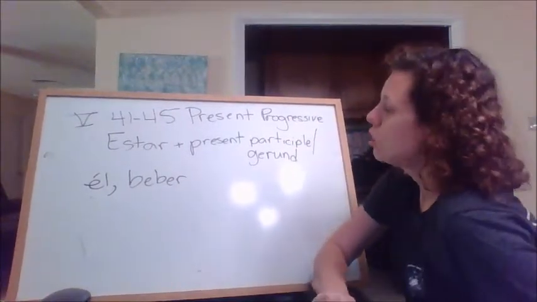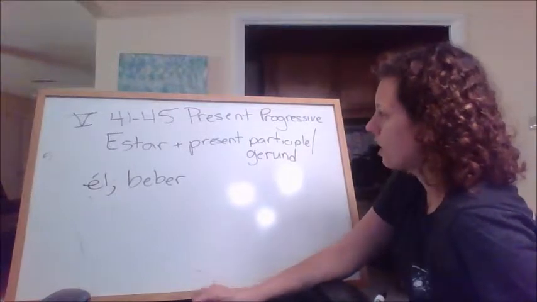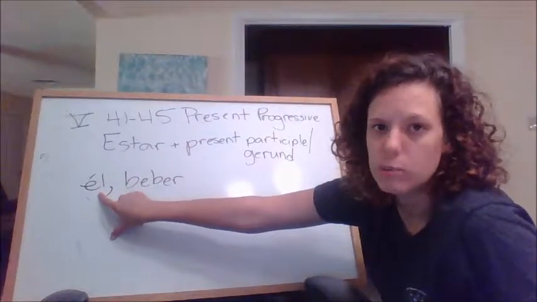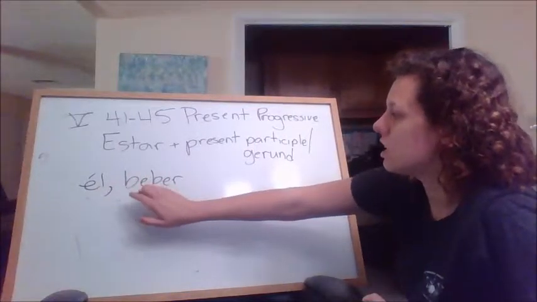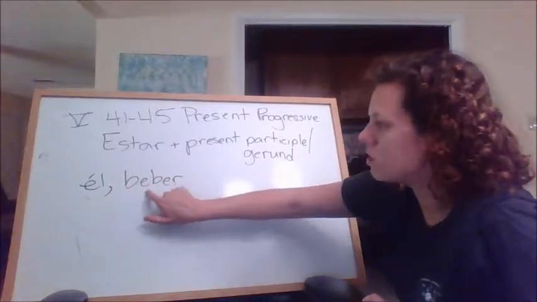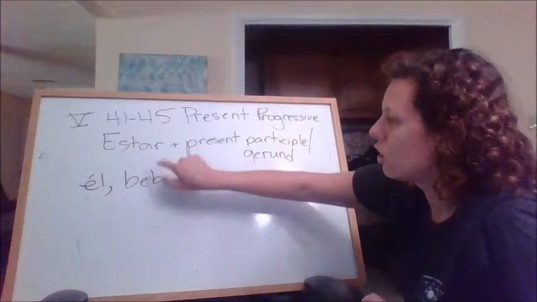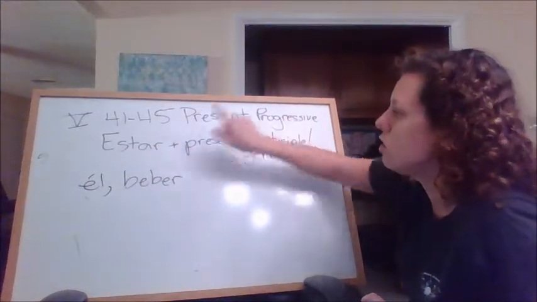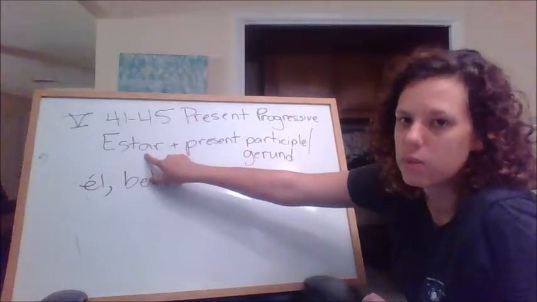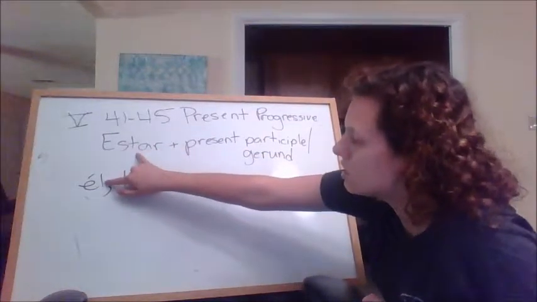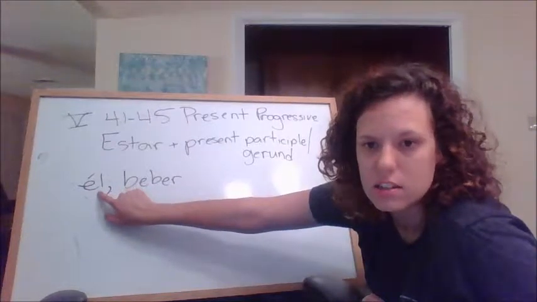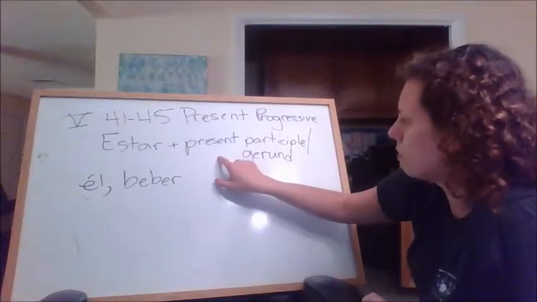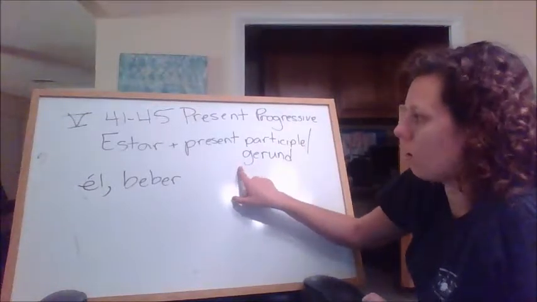All right. So what we want to say is we have to conjugate estar based on this subject. Even though the only thing I've given you is this verb right here, to form the present progressive, which is what you're being told to do, you have to have estar. So we conjugate estar based on this subject, and then this verb right here becomes my present participle or my gerund, okay?